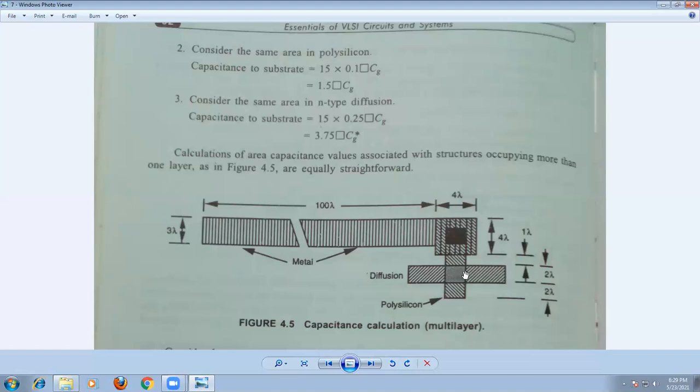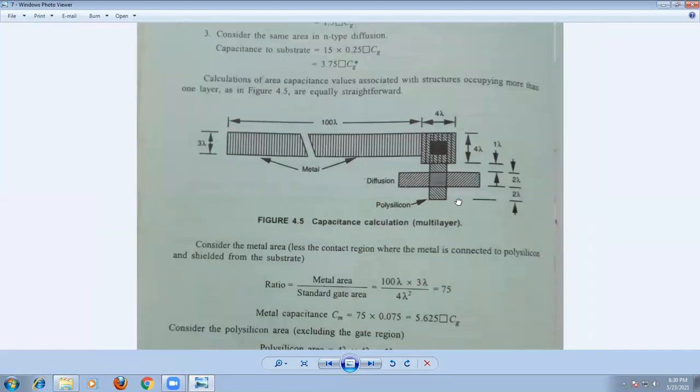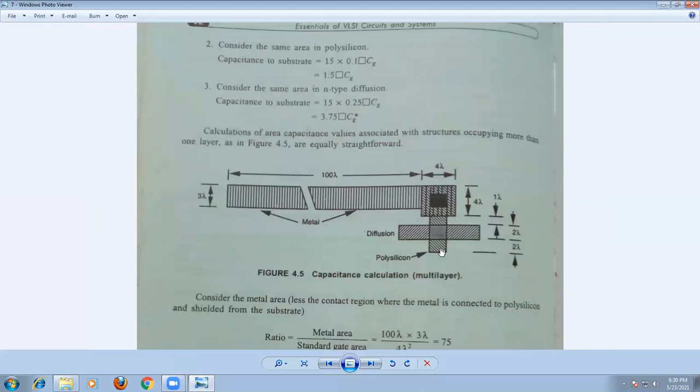That is the condition you have to remember here: excluding the gate area polysilicon. To calculate the polysilicon layer capacitance, we are going to exclude this gate capacitance. This is the structure of the minimum size transistor, so we are going to exclude this capacitance. Don't confuse here.